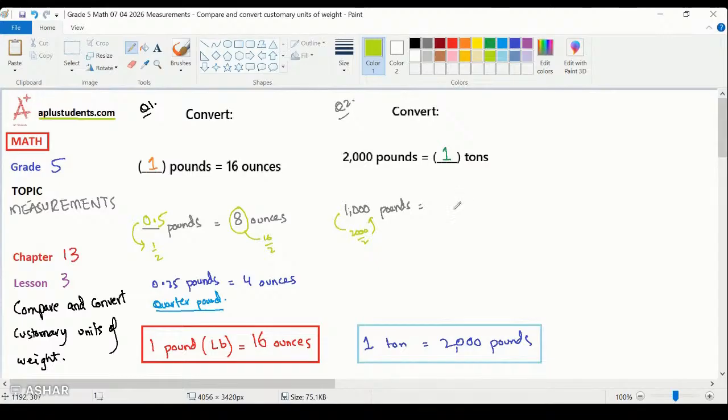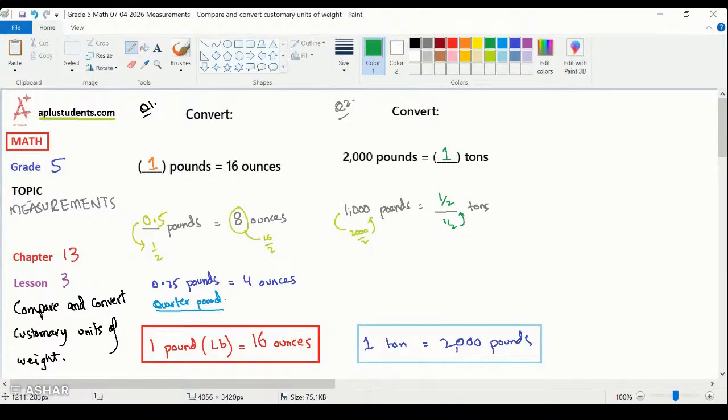Similarly, how many tons would there be? This was 1 upon 2, that means half a ton or 0.5 tons, right? So half a ton would be 1,000 pounds and so on.